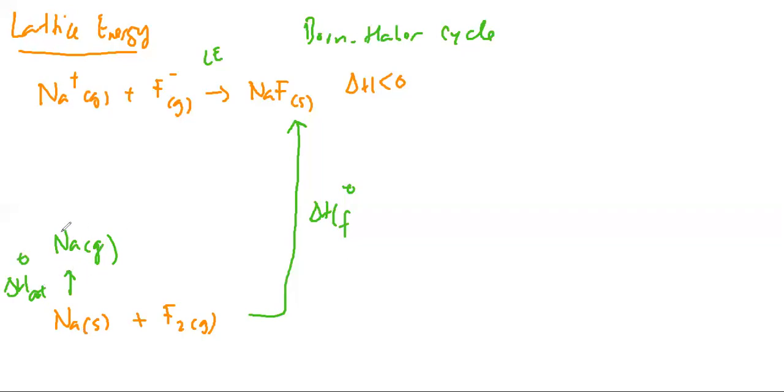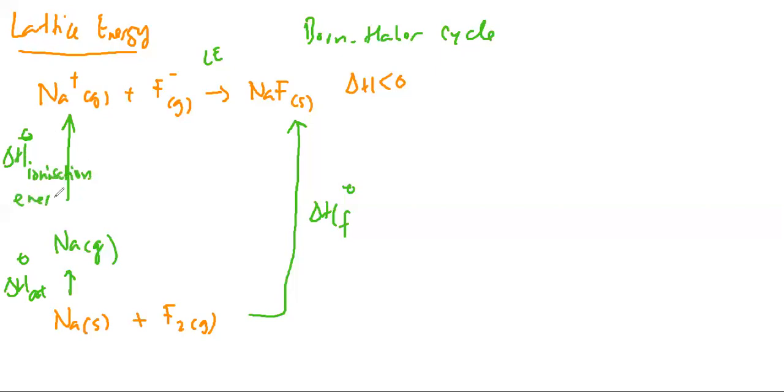Atomization theta means that we form one mole of sodium gas. Then to convert Na(g) to Na+(g), as we already learned in AS level, we have to remove one electron from the outermost shell. So it is the delta H theta ionization energy.